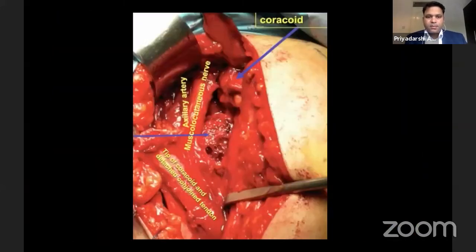Now, that's the relationship of the different nerves and arteries in the brachial plexus. We are looking at the left shoulder now, with the deltoid contour around this aspect, and that's the coracoid process which has been osteotomized, and you can see the conjoint tendon lying here. The first structure as you go medial to the coracoid is the musculocutaneous nerve, and behind that are the axillary artery and axillary nerve.